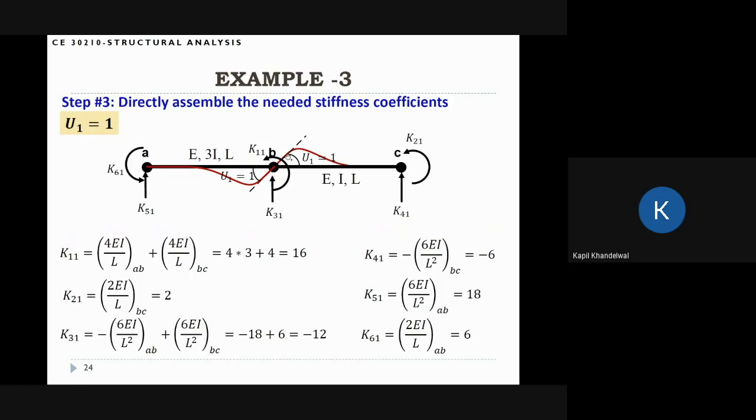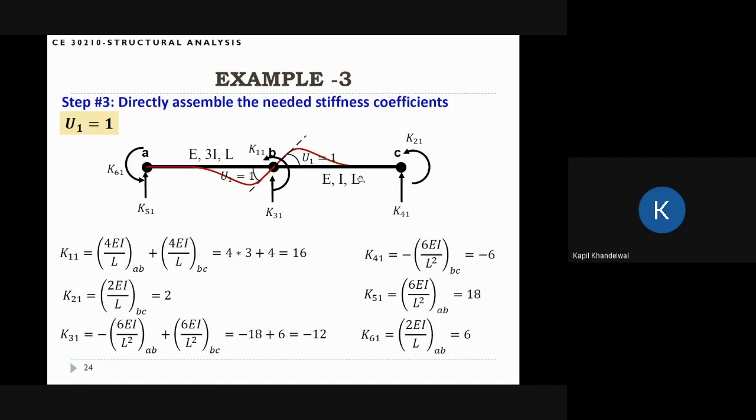Similarly, to rotate member BC by 1 unit, you will again need 4EI by L. But you have to remember that I for AB is actually 3I, and I for member BC is I. So you have to multiply this by 3: 4 times 3 plus 4, because E and L are all 1. So this is 12 plus 4, 16. So K11 is 16 in this case.